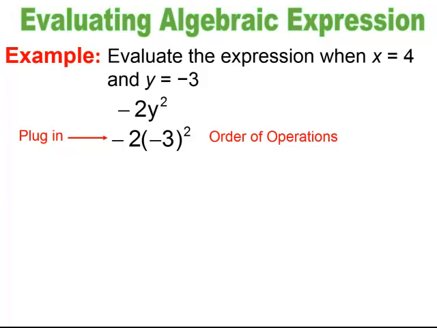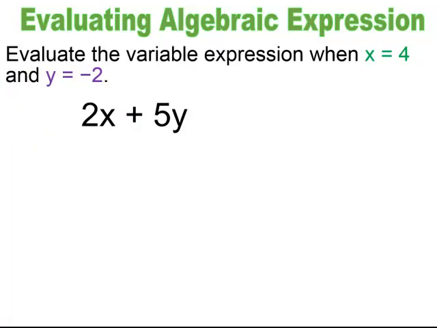So in this case, I have to square that negative 3, and a negative 3 squared is going to give me a positive 9. And then I can multiply that negative 2 to the positive 9, and my solution here is a negative 18. So with evaluation, you always need to think of order of operations once you substitute the numbers into the variables.